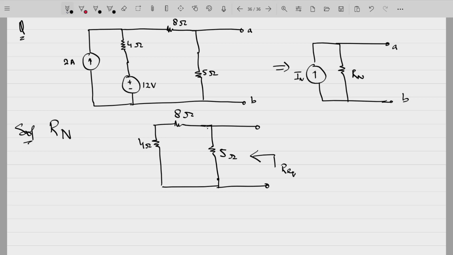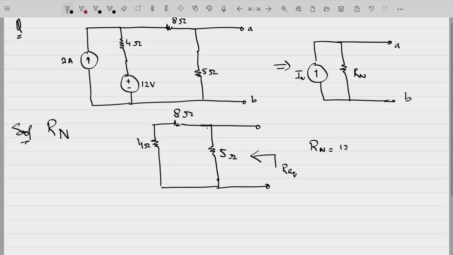They are in parallel with the 5 ohm resistance. So 12 parallel 5. So Rn is 12 parallel 5, 60 by 17 ohms.